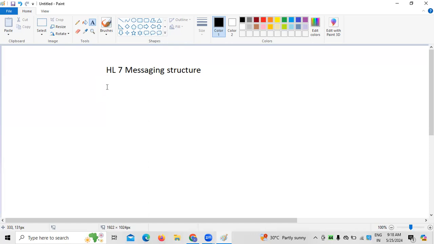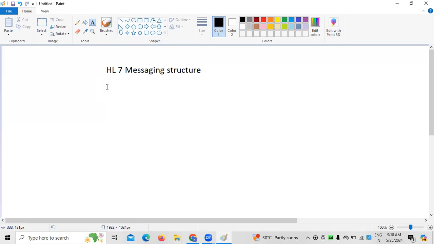Because of the kind of encryption format we have to follow in the healthcare environment, when we want to transfer messages between and among healthcare systems, the HL7 messaging system is what we normally use.